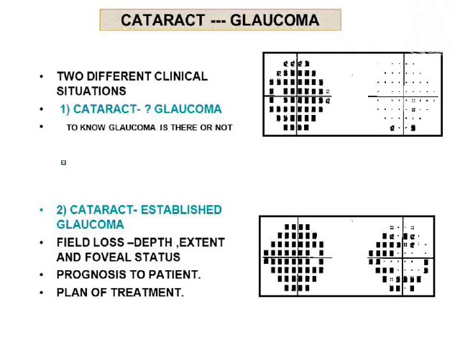The definition of uniform generalized depression by statistics is the total deviation probability plot showing generalized depression with a normal pattern deviation probability plot. And if this patient has irregular generalized depression, that means a localized scotoma under the generalized depression, it is an indicator of some pathology. It may be glaucoma or it may be due to some CNS involvement.